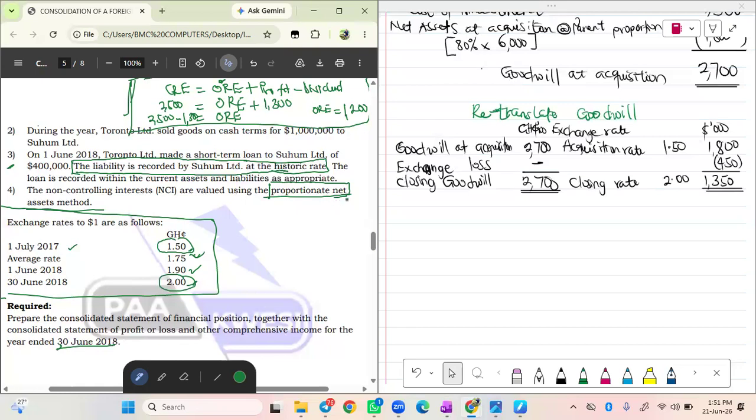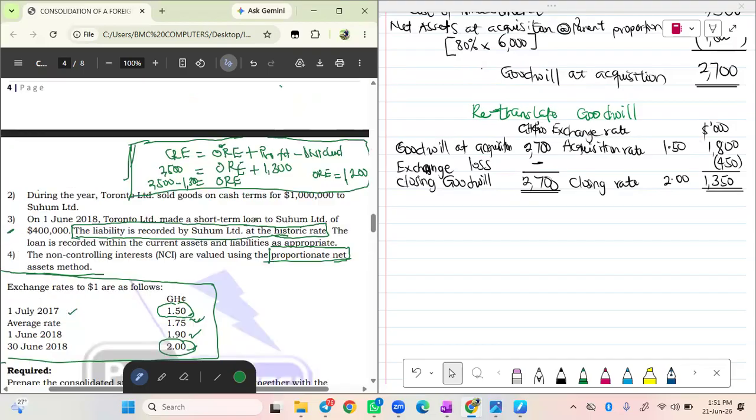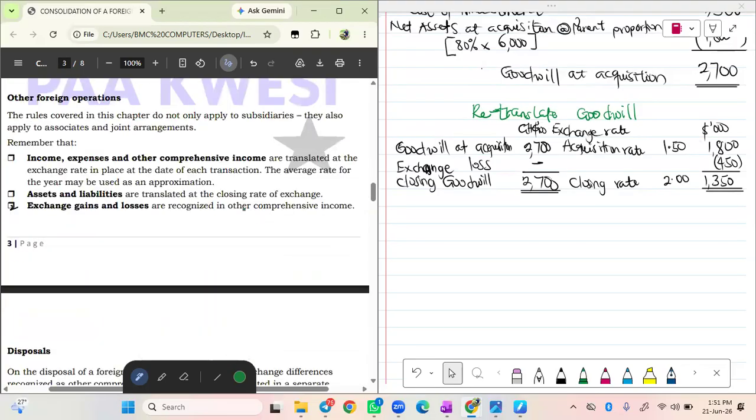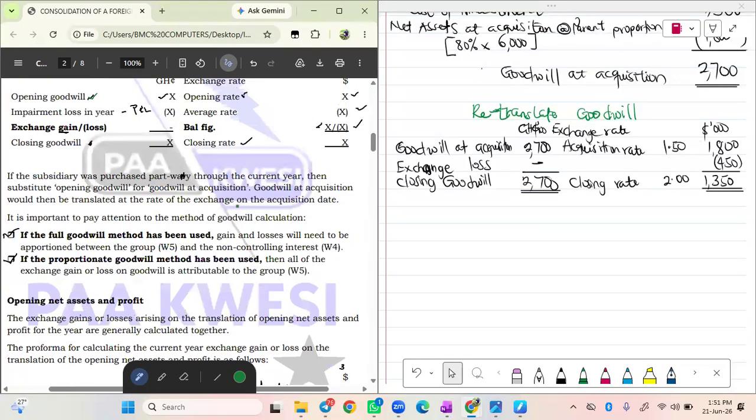But you would have shared it if the question said the NCI are valued using the full method or the fair value method. All right, because we established that if the full goodwill method has been used, gains and losses will need to be apportioned between group workings 5 and also the NCI workings 4.